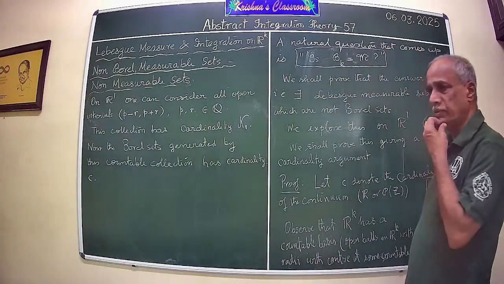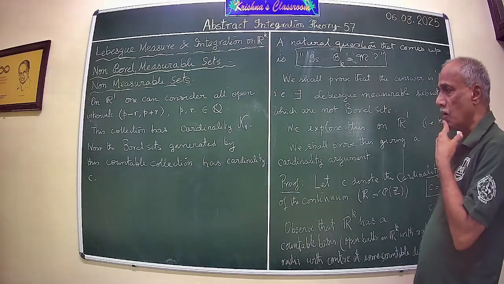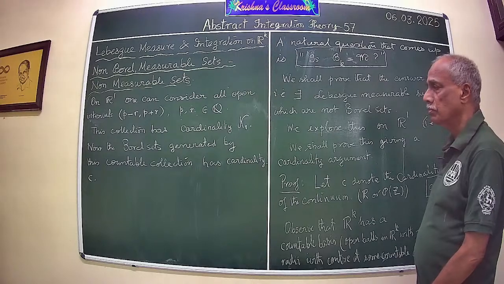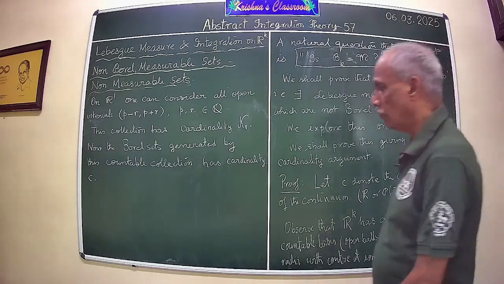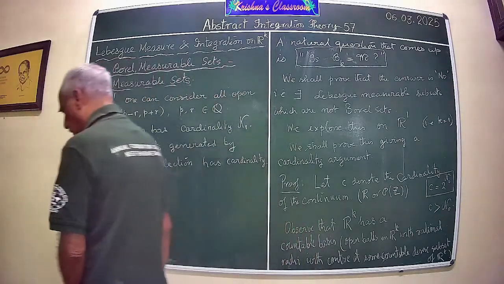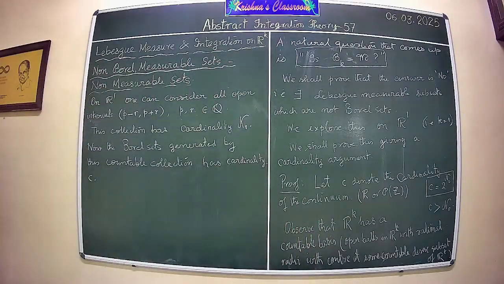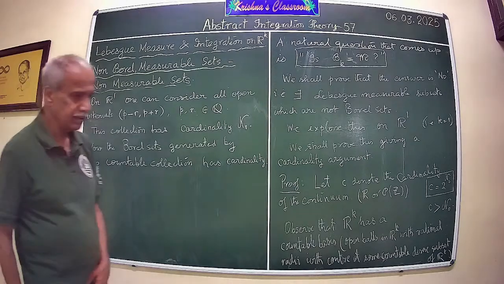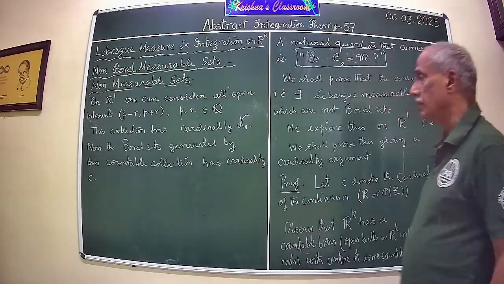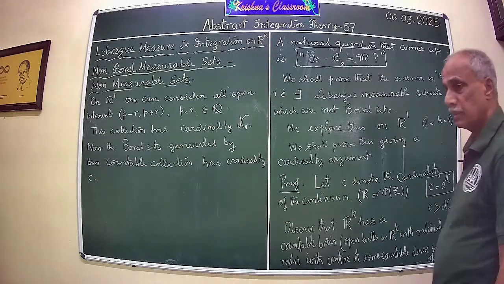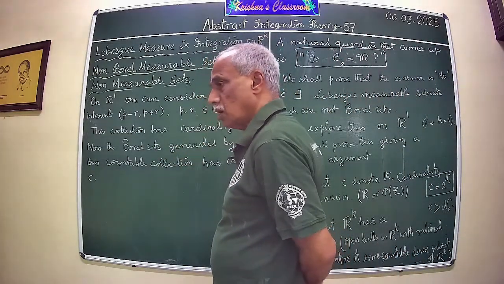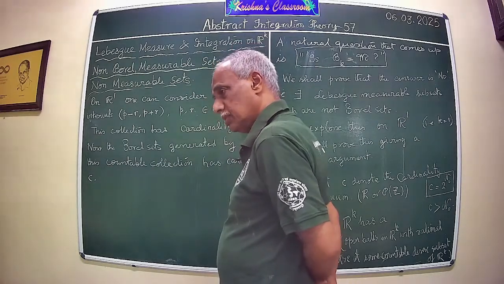It comes from a property of taking, because how do we get these Borel sets? Borel sets are obtained by taking countable intersections of open intervals, because it contains all open sets, all closed sets.